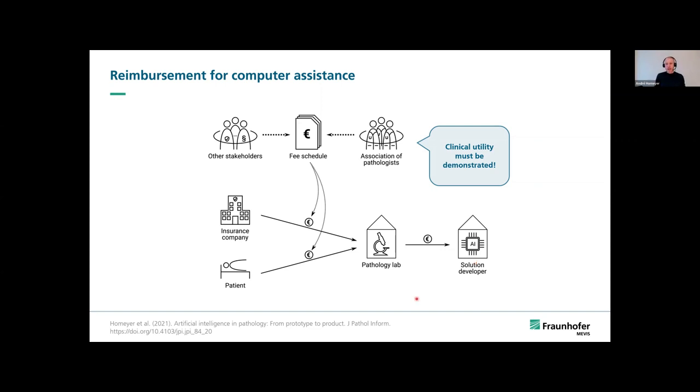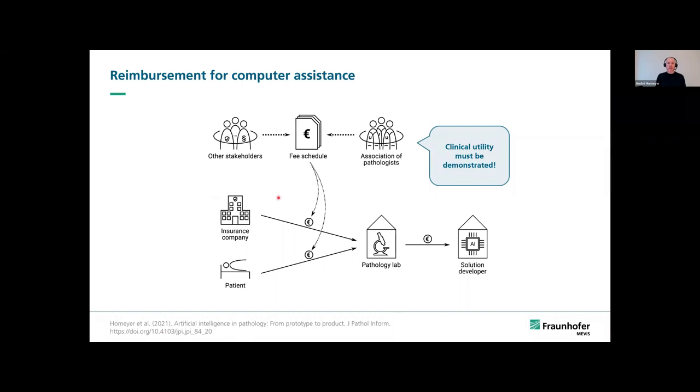To make the use economically viable, costs must be reimbursable from either health insurance companies or from the patients themselves. Billing medical services, unfortunately, is extremely complex and varies between different countries. More details, again, are given in this publication.